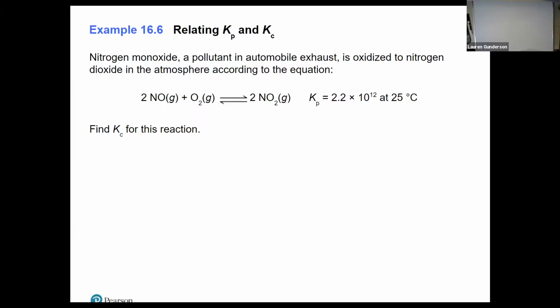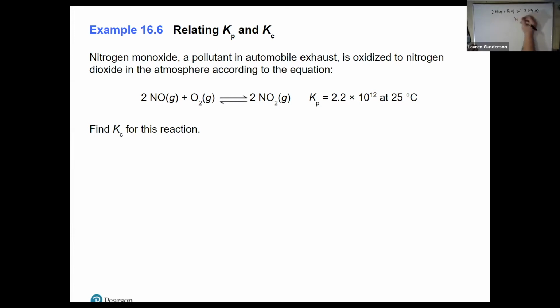Now let's take a look at relating Kp and Kc. So we have this overall reaction. It's important to write down the overall reactions and to pay attention to them when you're looking at the difference between Kp and Kc, because the moles of gas on each side of the reaction play a big part in this calculation.